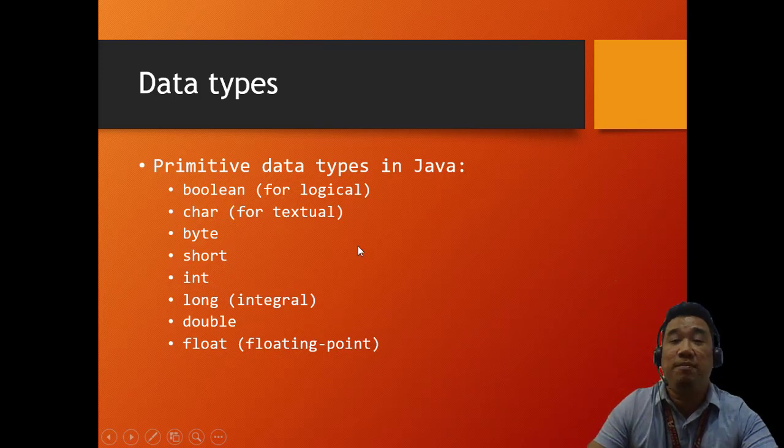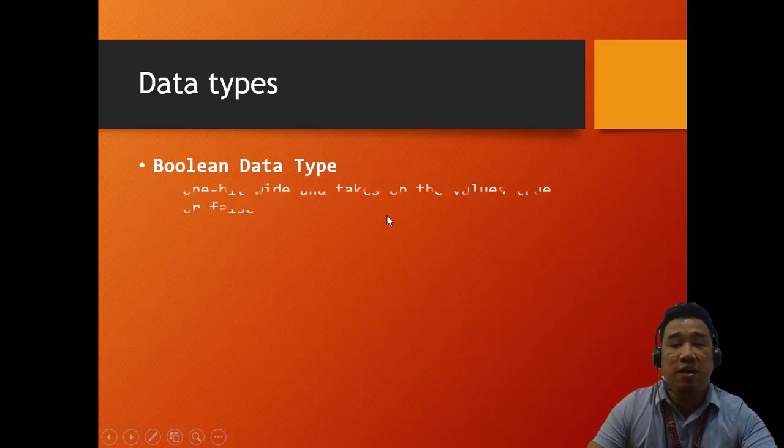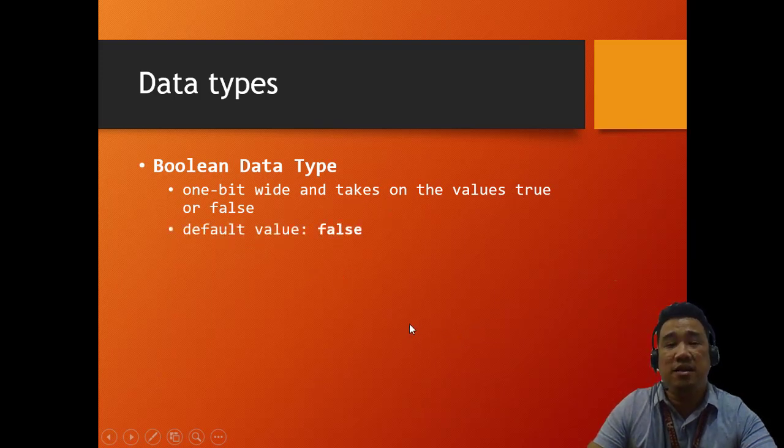No? I already explained that in our previous video. So, the Boolean data type, 1 bit wide and takes only values true or false. Wala nang iba, guys, just true or false lang. Now, the default value of a variable that is declared as Boolean is false. So, it cannot be cast to a number or any other type.